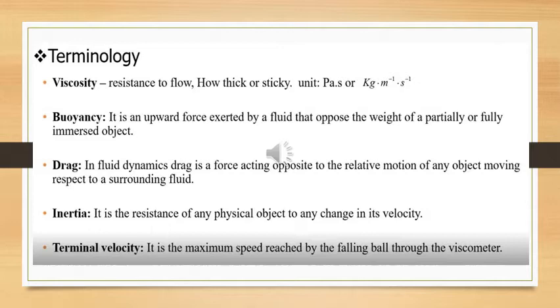Drag, in fluid dynamics, is a force acting opposite the relative motion of any object moving with respect to a surrounding fluid. Inertia is the resistance of any physical object to any change in its velocity. And terminal velocity is the maximum speed reached by the falling ball through a viscometer.